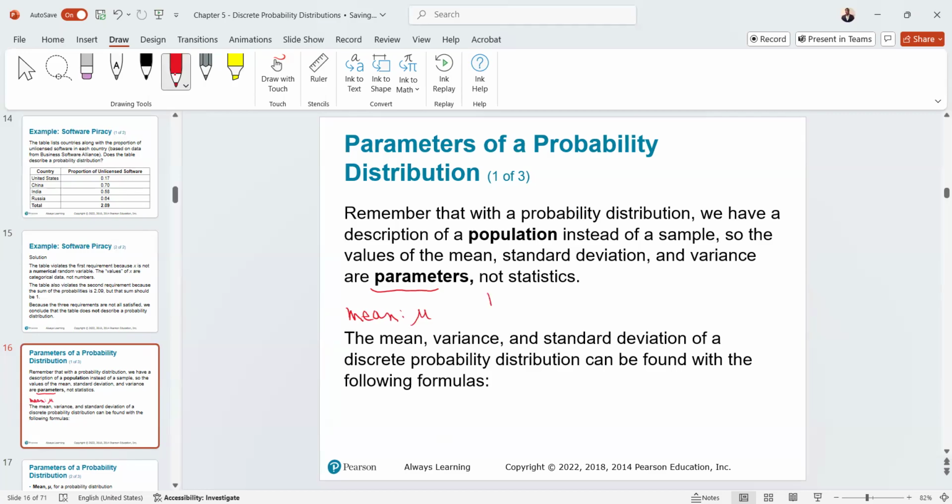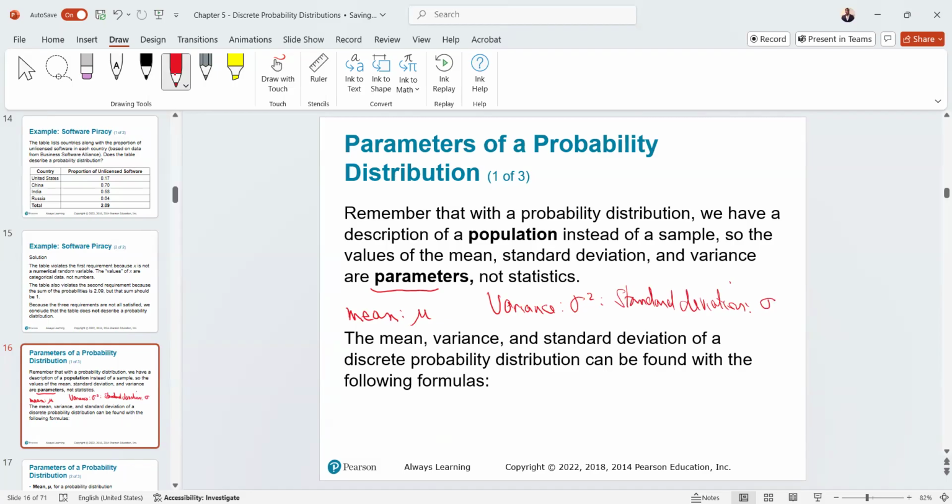For the variance, we're going to use the Greek letter sigma squared. And for the standard deviation, which is the square root of the variance, something we covered already, we're going to use only sigma.